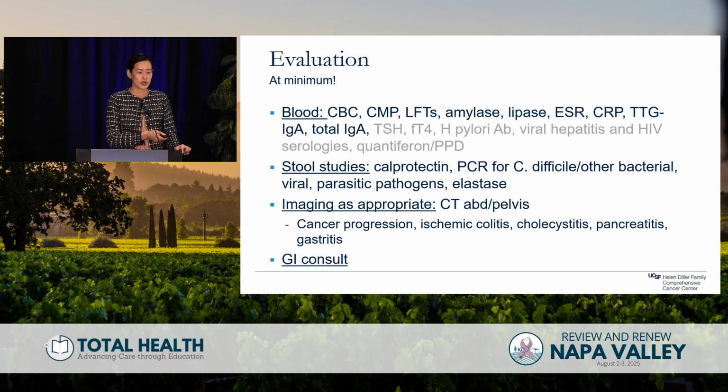Imaging can be incredibly useful to rule out other potential etiologies for these symptoms. And of course, calling your friendly GI consultant early can be helpful with an eye towards trying to get that patient in for a more invasive or an endoscopic procedure.